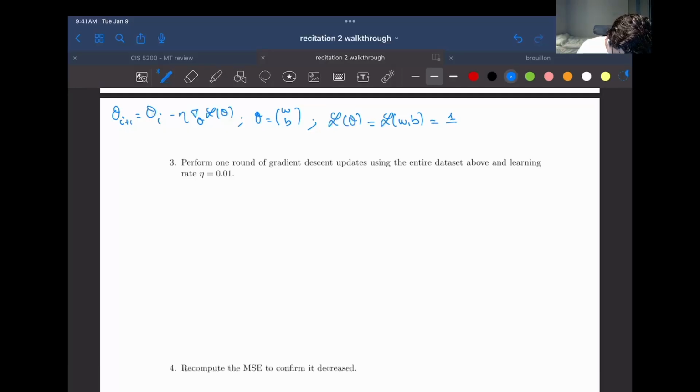So it's 1 over n, summation i equals 1 to n of (h(xi) minus yi) squared, which is the same as 1 over n summation of (wT xi plus b minus yi) squared, right?